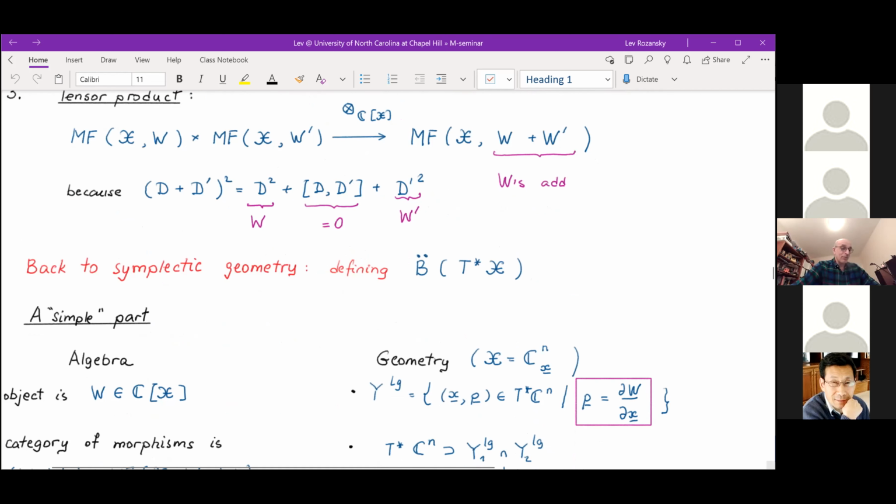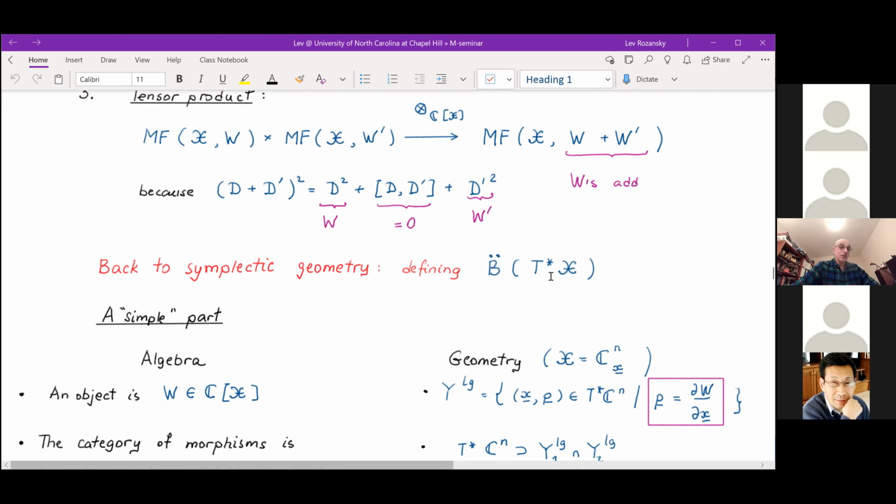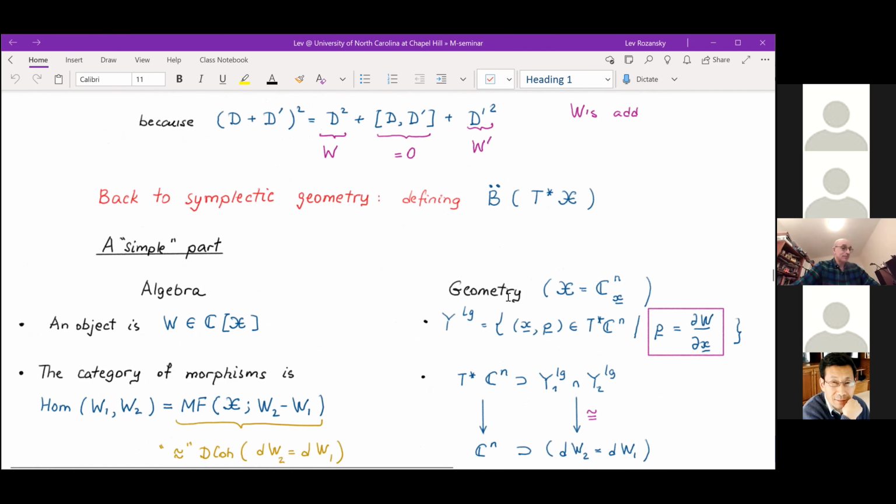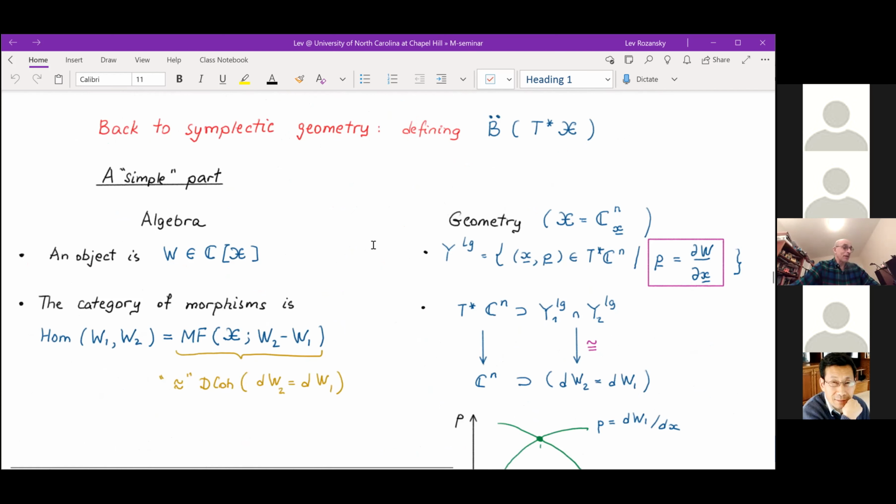So now we can go back to symplectic geometry and define the two categories of the cotangent bundle. So the simple part, let's compare algebra and geometry. We assume that X is just C^n with coordinates x. An object in the two category is a polynomial.